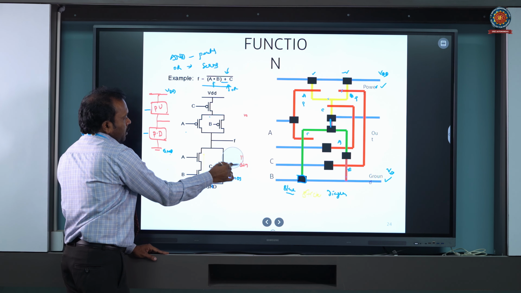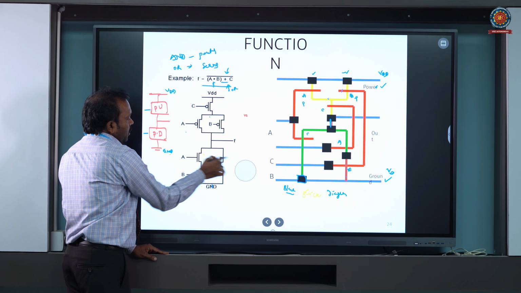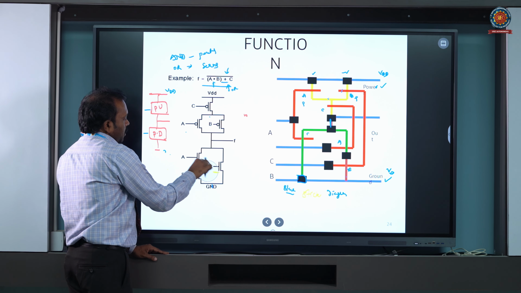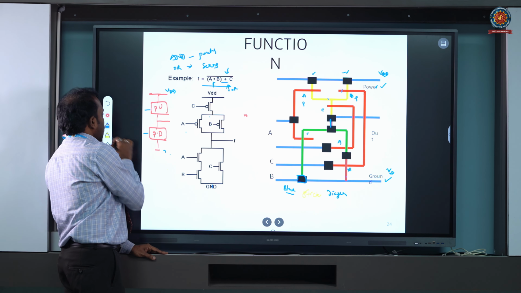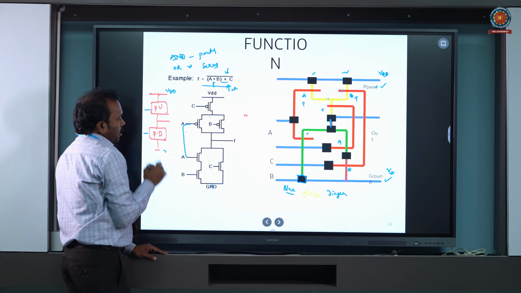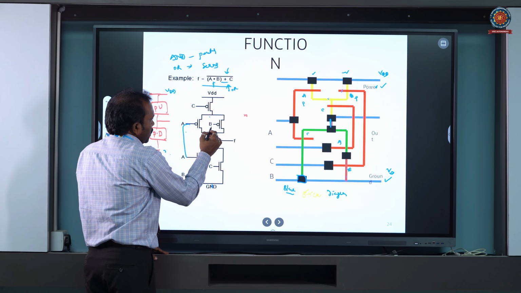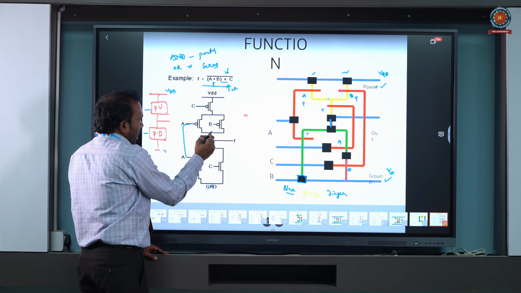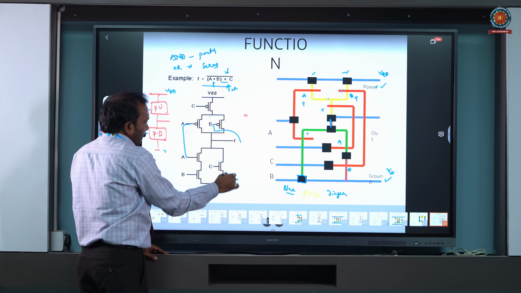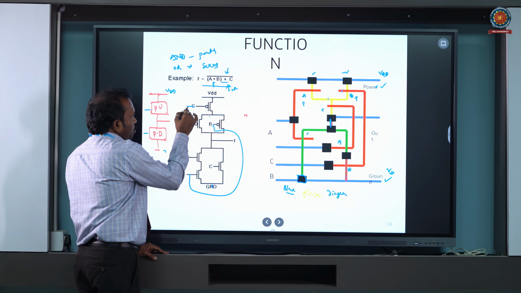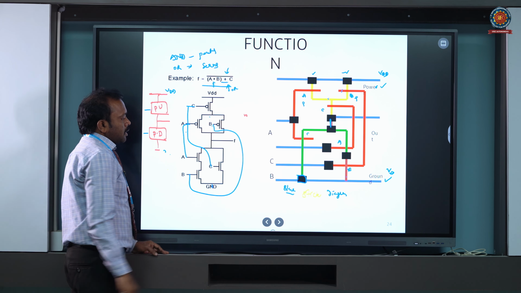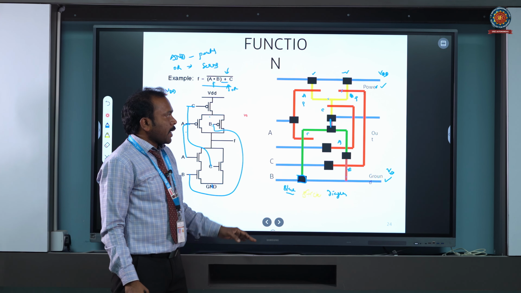The same input can be used here. A is a common input, and this is B, which can be reflected back, and the C input can be combined. This is how they made the contacts.